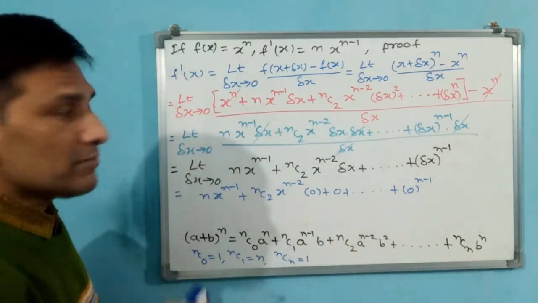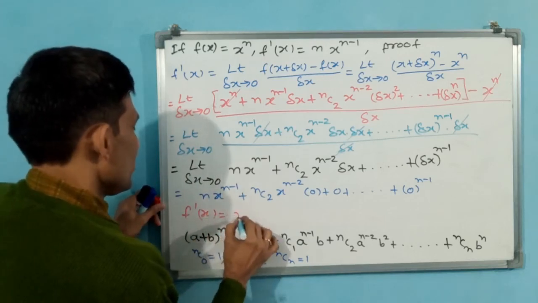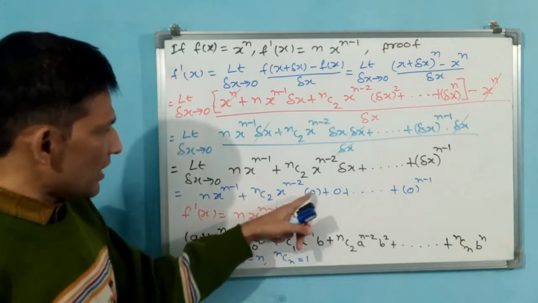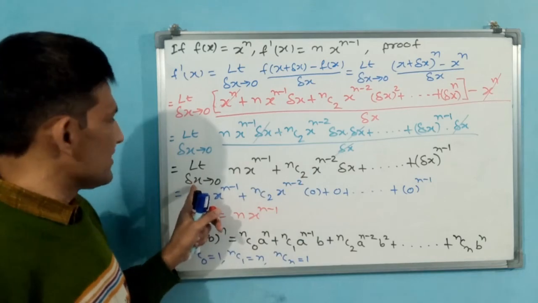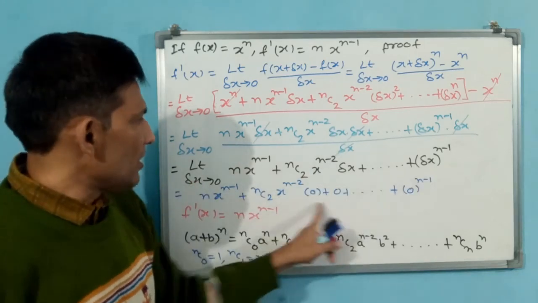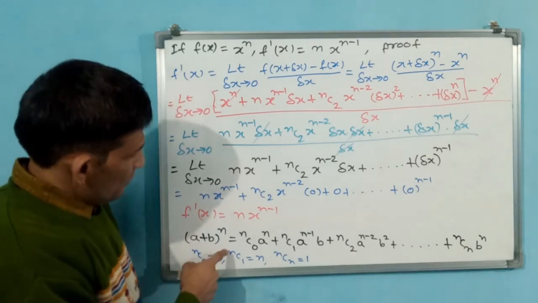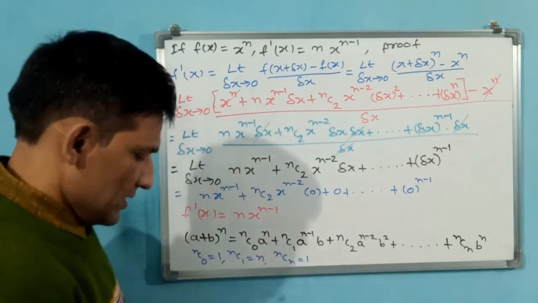Then finally f dash x is equal to n into x power n minus 1. Except this first term, all are going to become zeros, because delta x is 0. All zeros. n into x power n minus 1. Now you compare this. For comparison, I have not removed this.